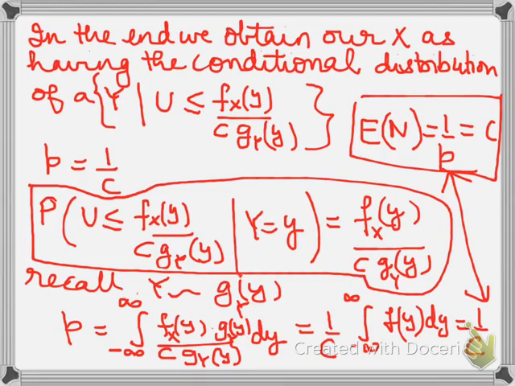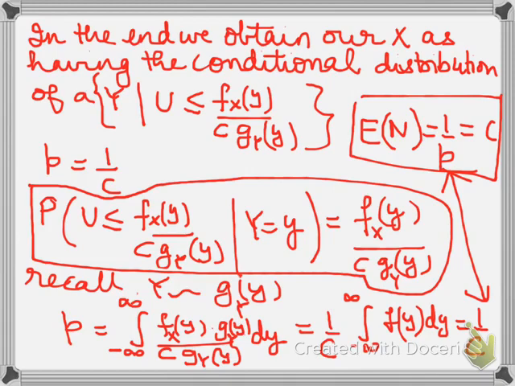Also recall that Y follows g_Y, so p is the integral from negative infinity to positive infinity of this conditional probability, which is f_X(y) over c g(y), integrated with respect to y for the curve g_Y.